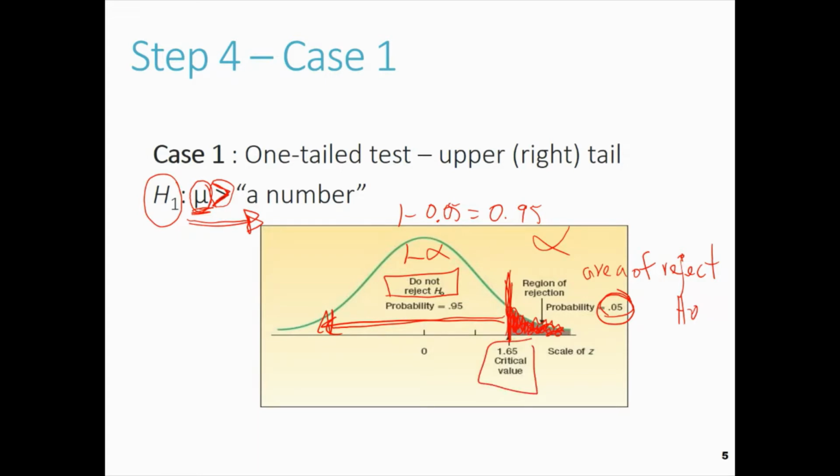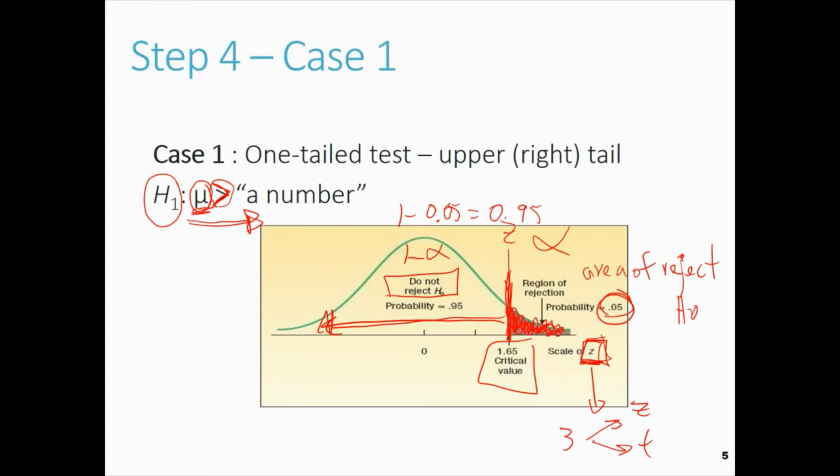In this particular case, let's assume we have decided on step 3. Step 3 is where you decide whether you're doing the Z or the T. So in the third step, you were able to decide that you were doing the Z scale. So now we need to get the Z value that separates this rejection zone from the do not reject zone.